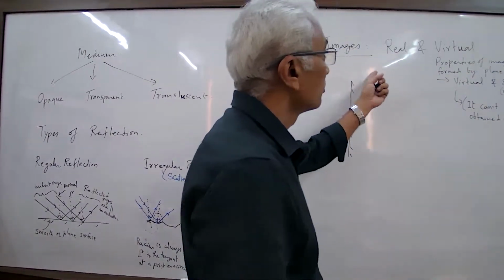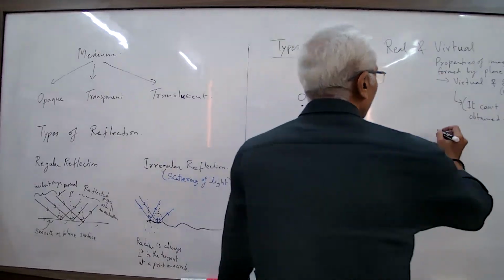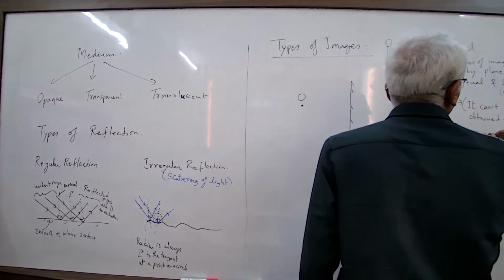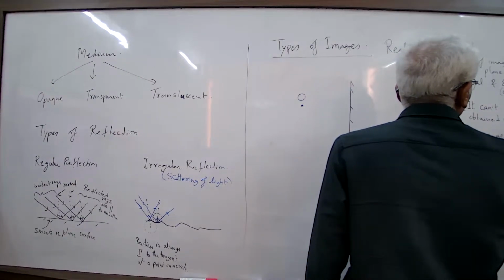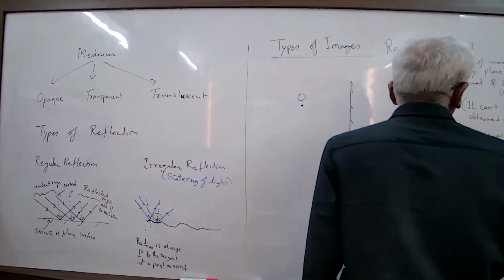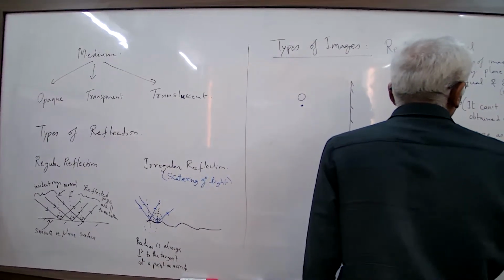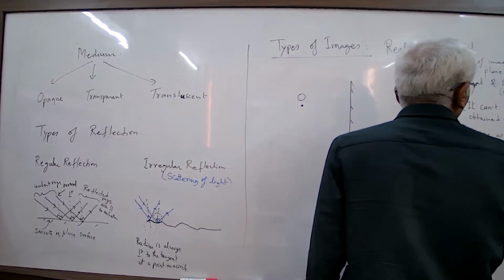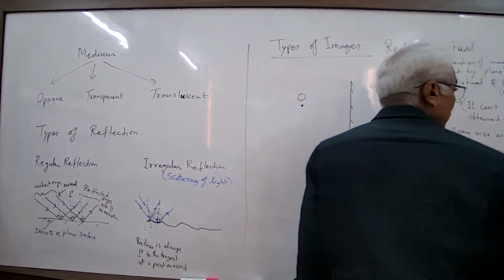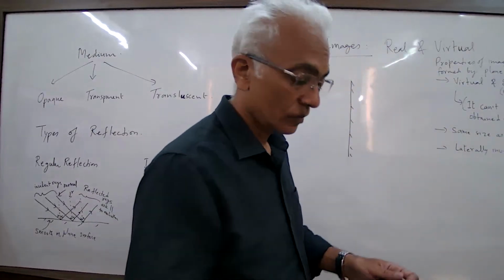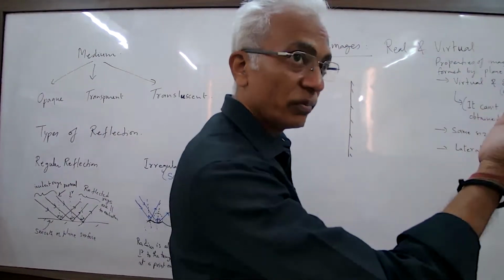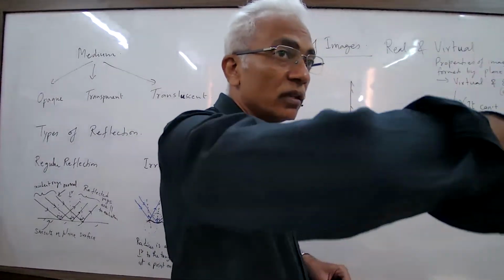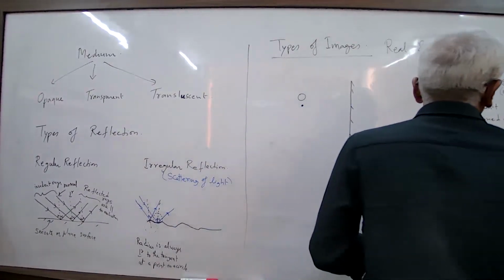So the most obvious example is the image formed by a mirror. Then, same size as the object. Third, laterally inverted. What is the meaning of laterally inverted? Horizontal flipping: left becomes right, right becomes left. It's not vertical flipping, it's horizontal flipping.